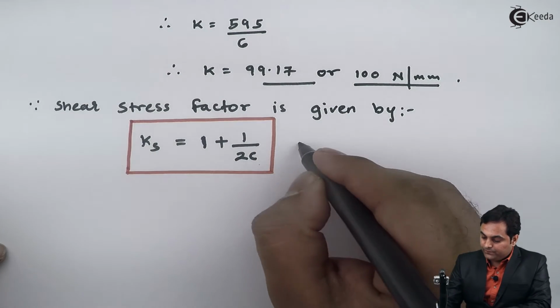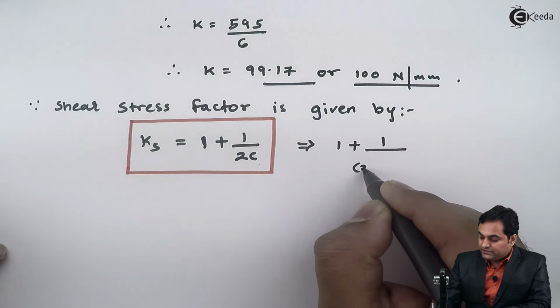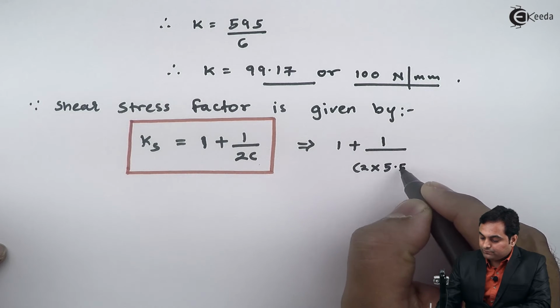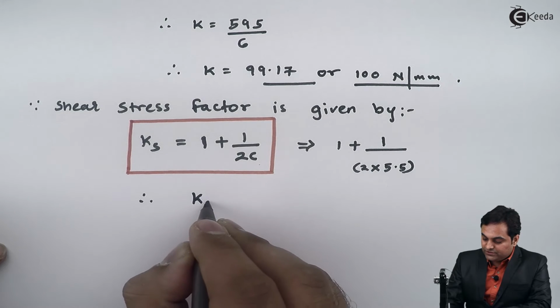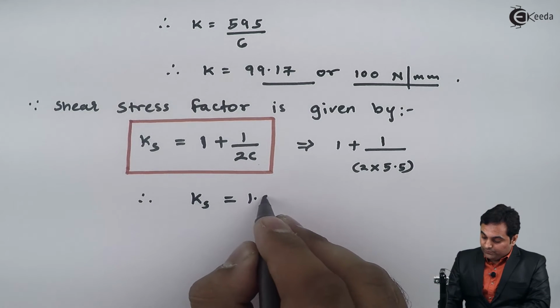So therefore here I can write it as 1 plus 1 upon 2C. C is 5.5. So from this the shear stress factor value comes out to be 1.09.